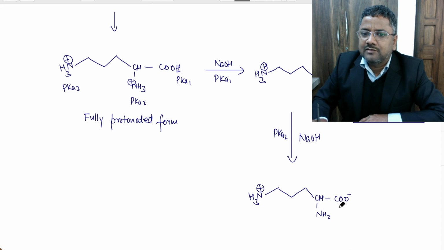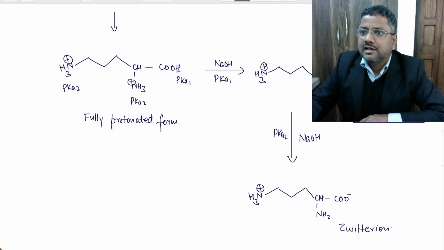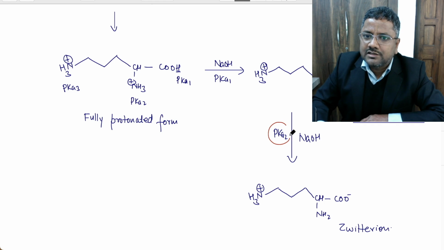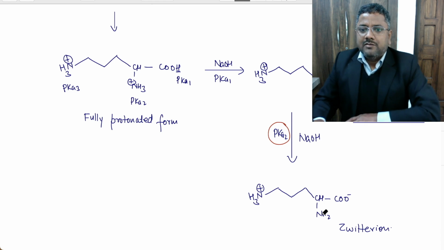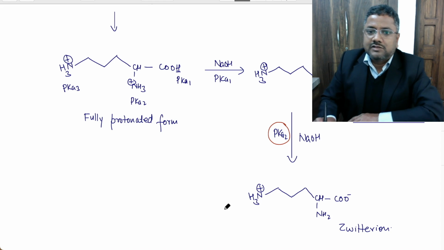One negative, one positive, overall neutral. This pKa2 is important for us in the calculation, because the shortcut I gave you is to take one step before the formation of the zwitterion and one step after the formation of the zwitterion. So now come to the next step.